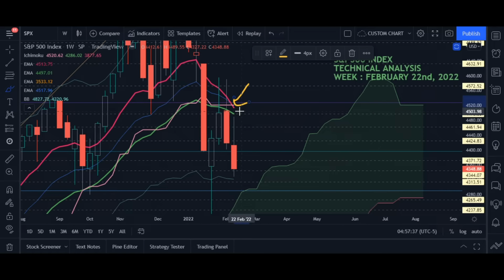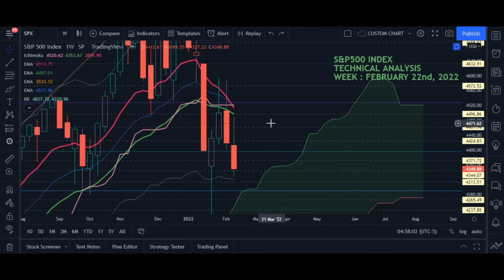The second thing is that the market has closed below the moving averages, which means the market is bearish. Then comes the Ichimoku. The market has closed above the Ichimoku, which means the market is bullish through Ichimoku, because it is trading in the bullish zone of the Ichimoku.